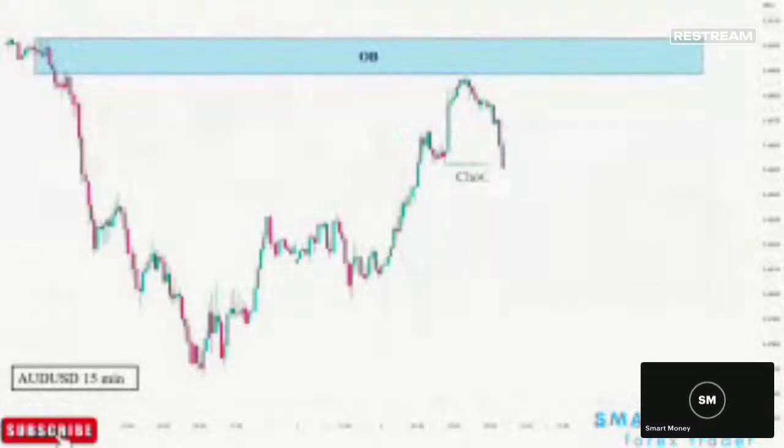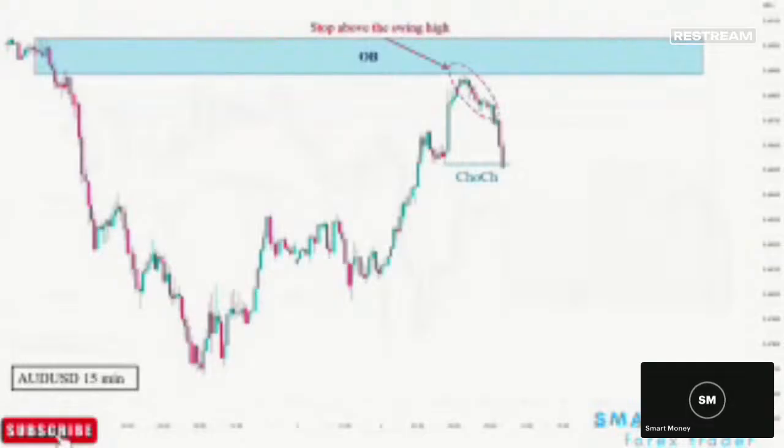In 15 minutes, we have already made a change of character, so it's time to find a new order block and place short entries. But there is one problem. We want our stop loss protected above this swing high, but we cannot identify any other blocks here. So how do we place trades in situations like this?